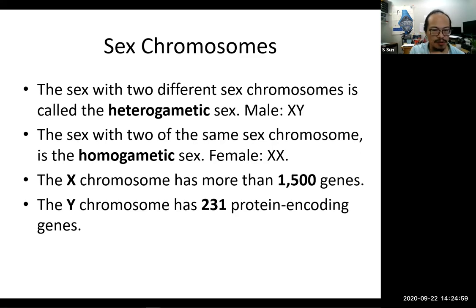With this topic, we're going to talk about the sex chromosomes, so then we will complete all these 23 pairs of chromosomes in our body. The sex chromosomes determine our sex.